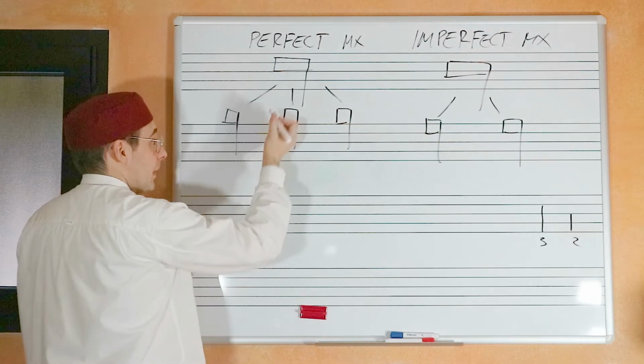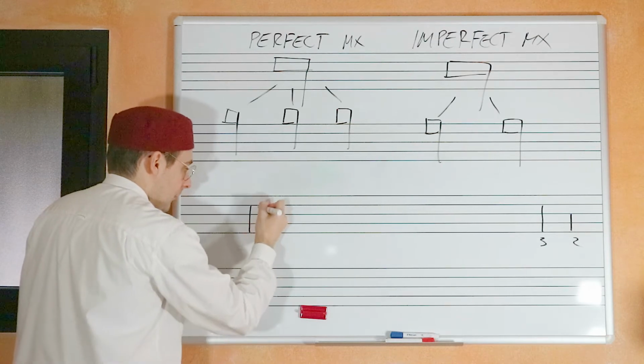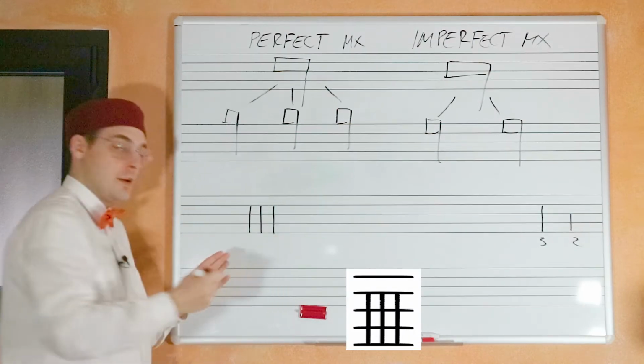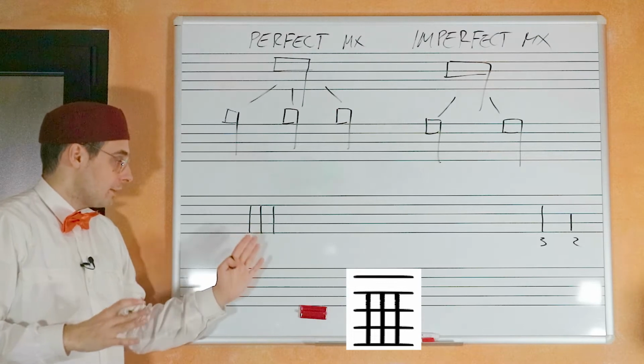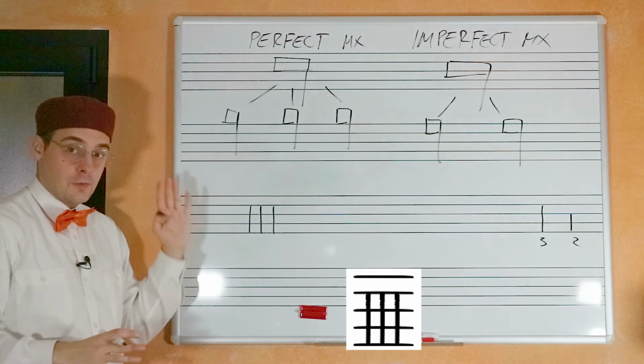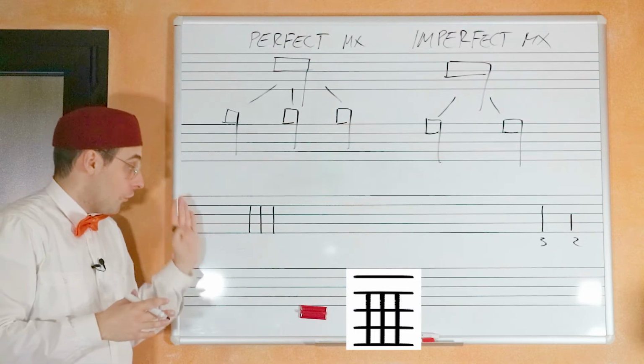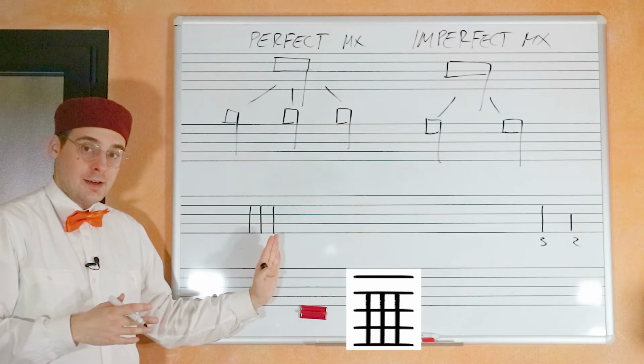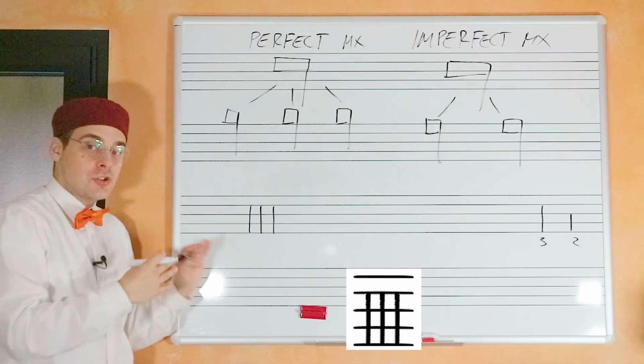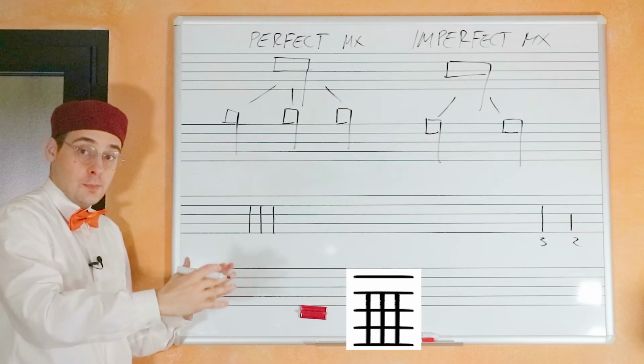So if the maxima is perfect, we have 3 lines. 3 vertical lines are the signal that this maxima is perfect, and the 3 spaces of each vertical line are the signal that each longa of this maxima is perfect.